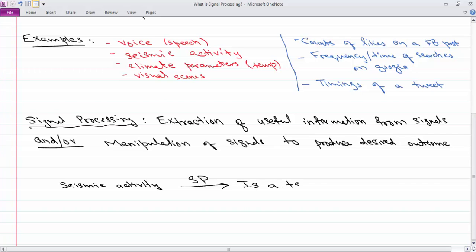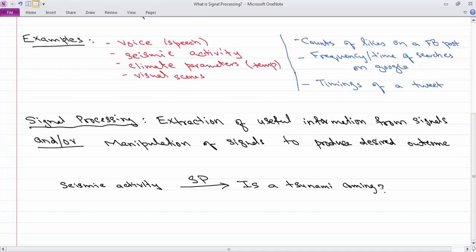Is a tsunami coming? This is now a big part of an effort where sensors are being thrown into the ocean to figure out when an earthquake happens whether the situation is right that you will end up with a tsunami.